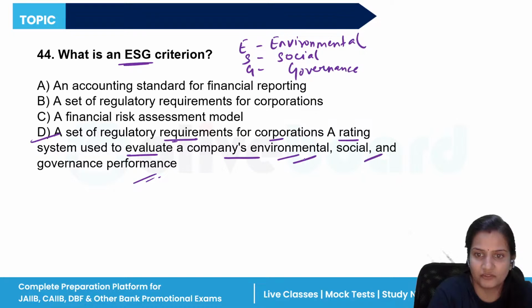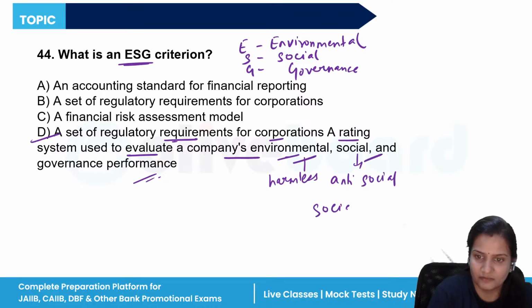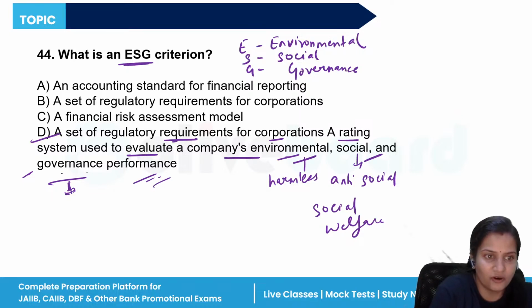Related to the environment, it means we should not cause harmful reactions to the environment. Everything should be harmless. On the other hand, whatever we invest in, we should invest in projects that are not anti-social, that is, they should promote social welfare. And governance performance means all the rules and regulations of the government should be followed. If the government permits, then we can go for this. If the government poses any kind of restriction, we have to think twice.